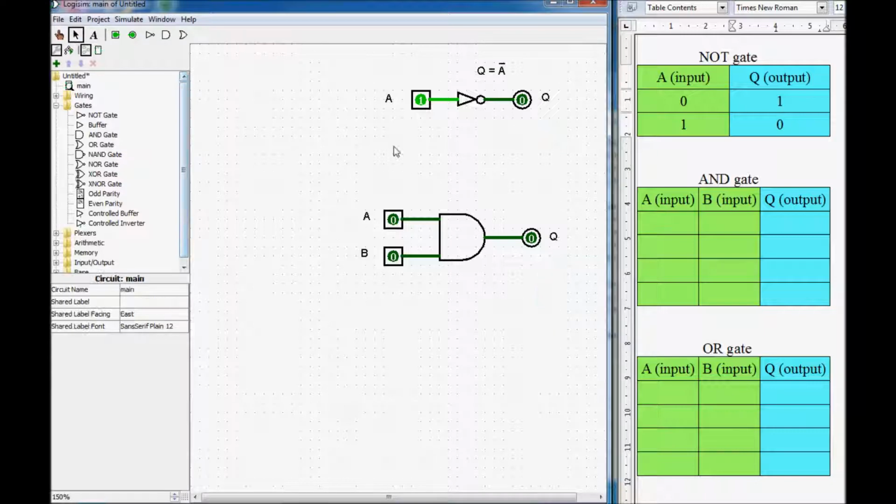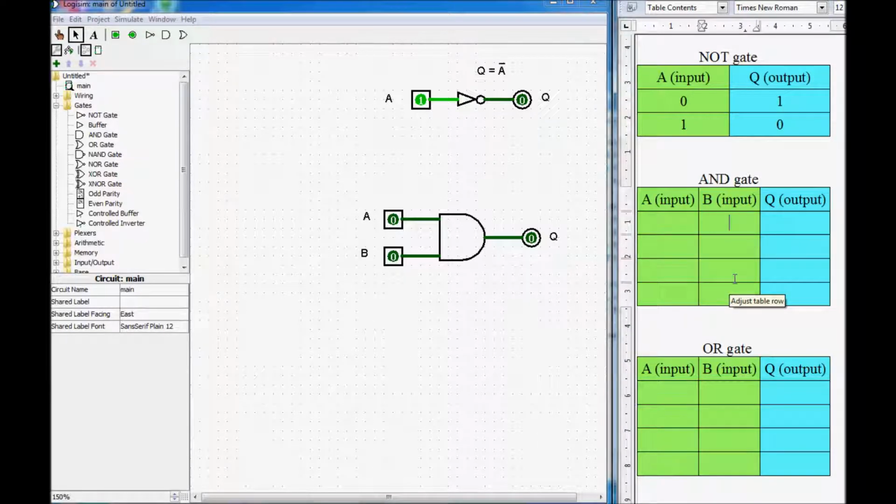Okay, and now I want to explain how we can fill out these two input columns so that we describe all the possible combinations that we can have on the input of our gate.